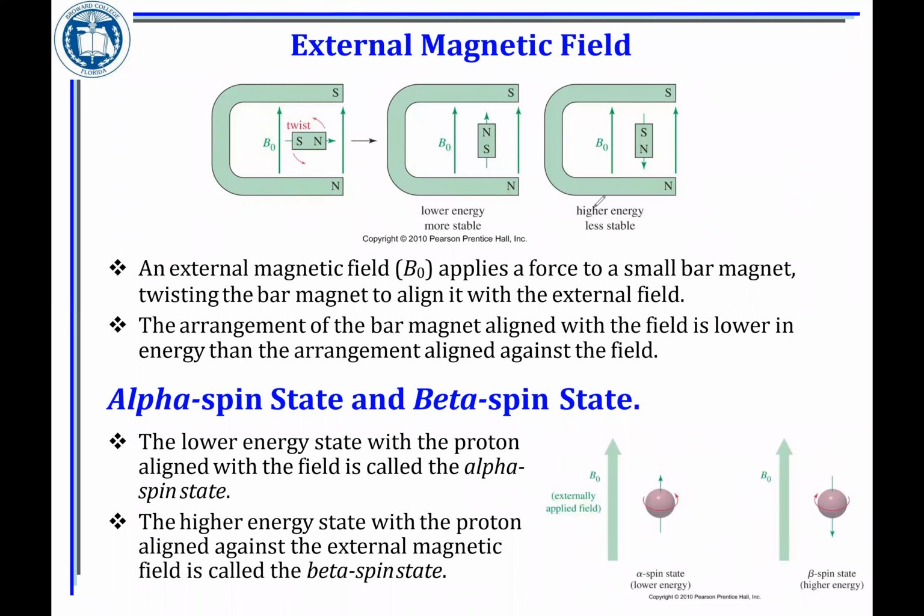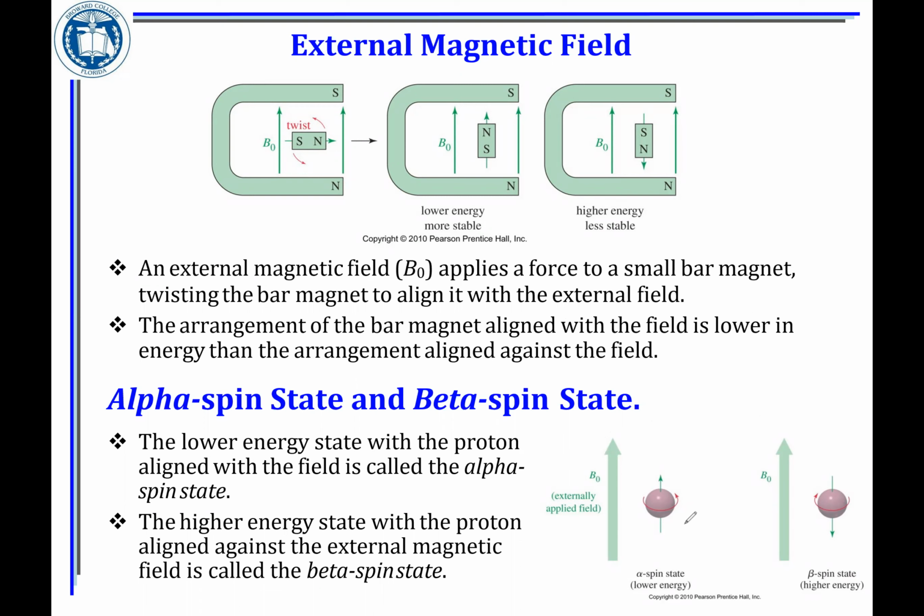So the external magnetic field is going to dictate the direction of the magnetic field created by the atom in your molecule. After they are aligned, the magnetic fields created by the molecule are going to be aligned in the same phase as the external magnetic field or the opposite.